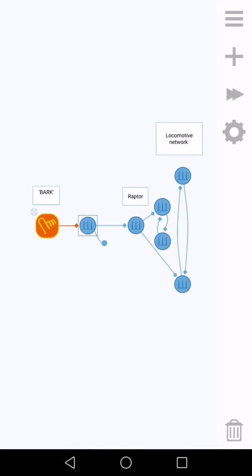This unit actually represents just one part of an entire circuit that would be devoted towards recognition of the bark signal. This unit would be part of a network that would associate a template or a schemata, a neural network designed to recognize a raptor template.